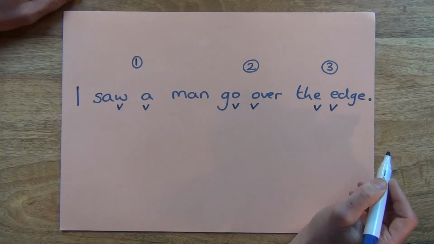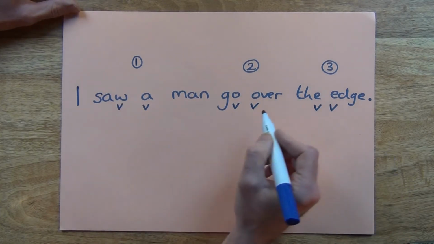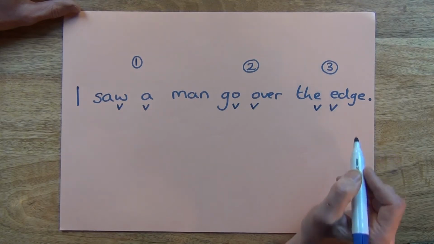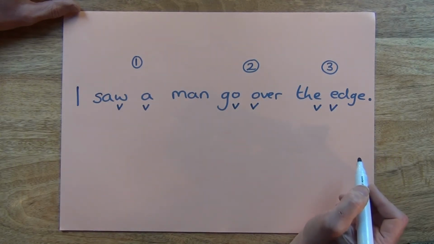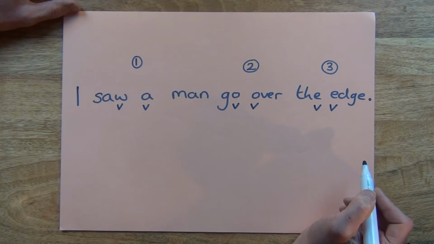Now some of my students just don't link the sounds. They're just saying over, edge, which sounds quite hard. And some of my students, they use a sound which we never use to link vowels together. They use the sound h, which you get at the beginning of words like hello and house.